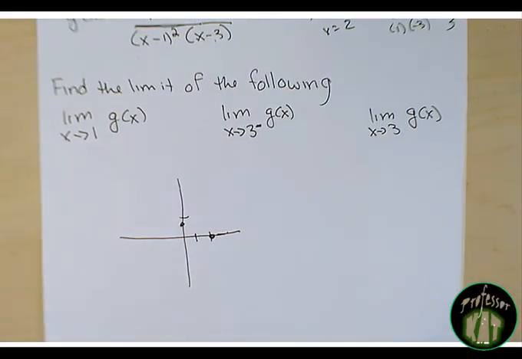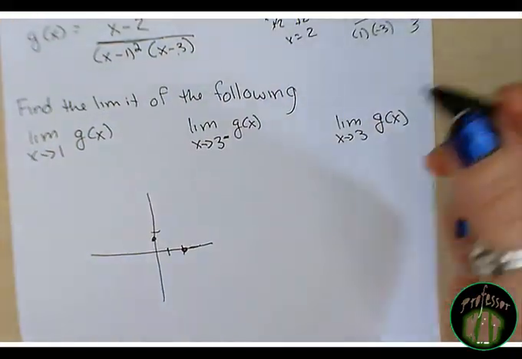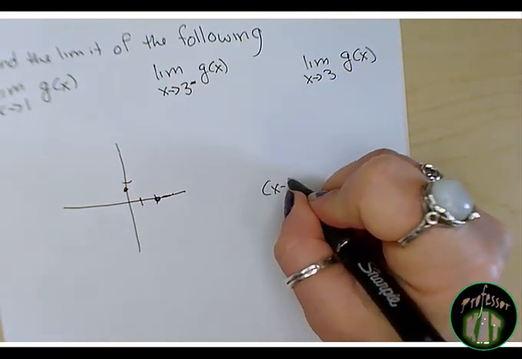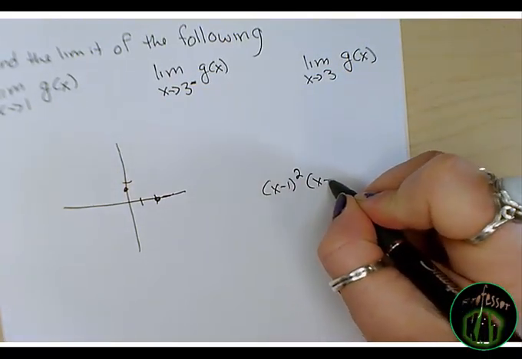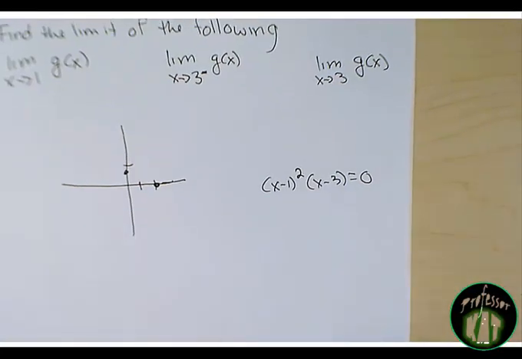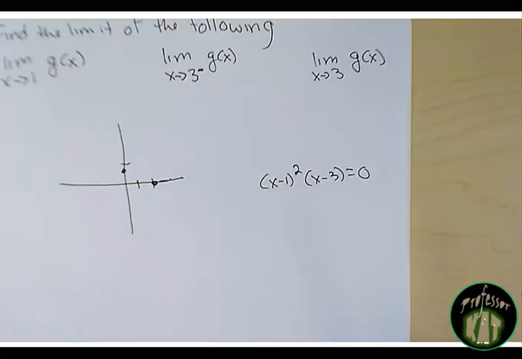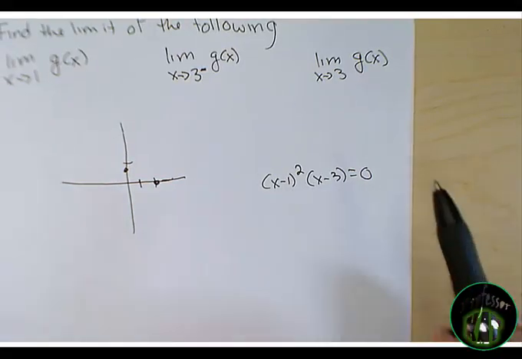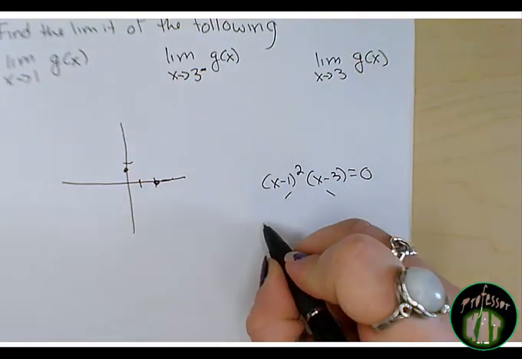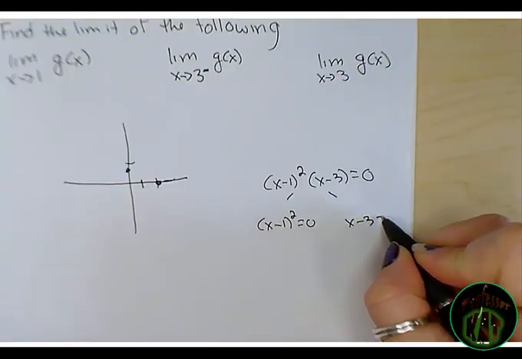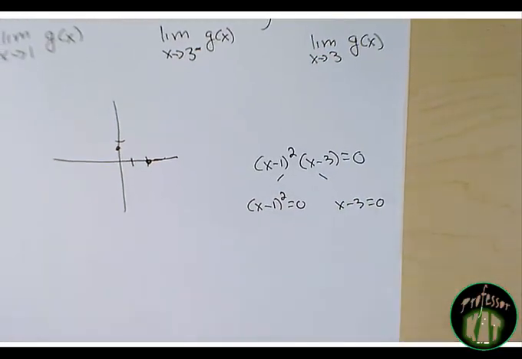The next thing I would find are your asymptotes. Your vertical asymptotes come from taking your denominator, setting it equal to 0, and solving. Now, our denominator is in factored form, which actually works out great for us, because if it's in factored form, we can use the zero factor property, which says split the factors up, set them each equal to 0, and solve.